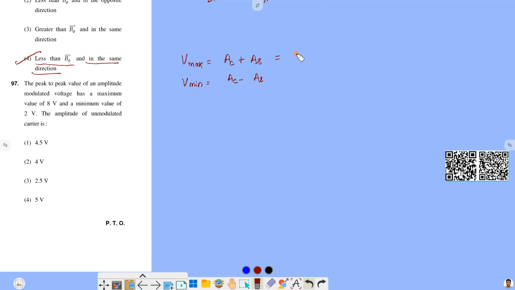So here the maximum value is 8 and the minimum value is 2. Now if we add both these, we will get twice of AC equal to 10. And from this, the carrier wave has an amplitude of 5 volt. And that is option 4 here.